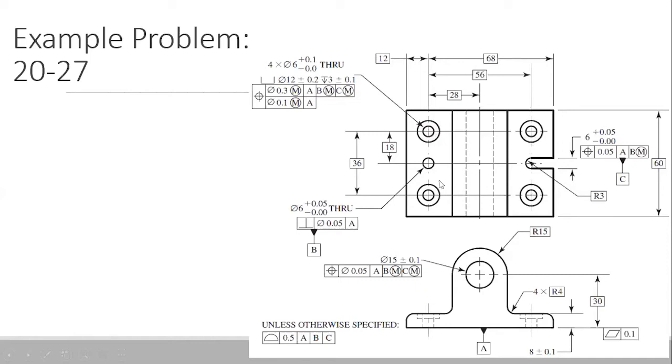There are 4 holes, 4 diameter 6. That means these are four 6 millimeter diameter holes, and you are controlling the position of these 4 holes together. In that case, you are using 2 levels of feature reference frame.